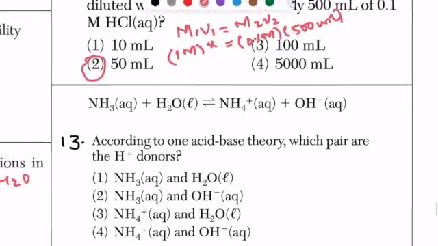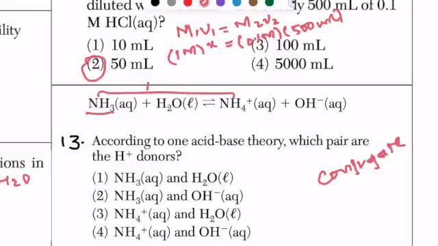So according to one acid-base theory, once again Bronsted-Lowry most likely, which pair are the H+ donors? Here's what we mean by pairs. Remember the conjugate acid-base pair? What's happening here is that NH3, if you look at NH3, it looks like NH3 is accepting the proton in the forward reaction.